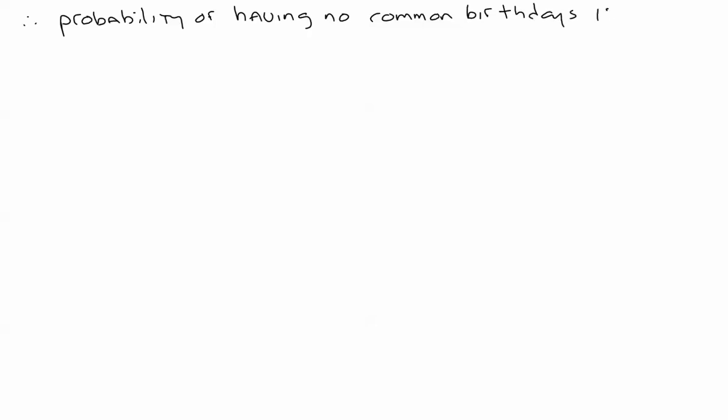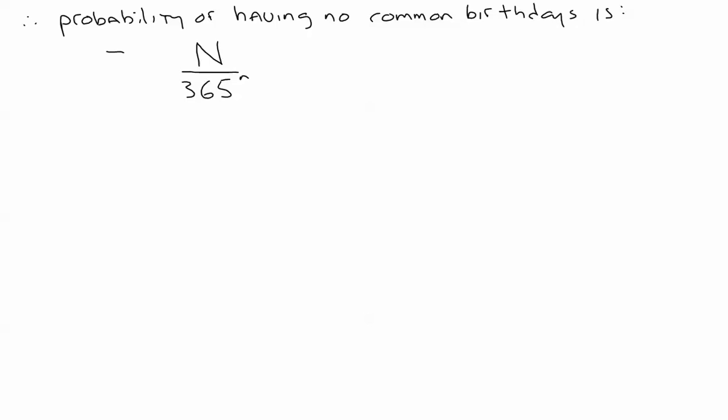So the probability of having no common birthdays is capital N divided by 365 raised to the little n power.